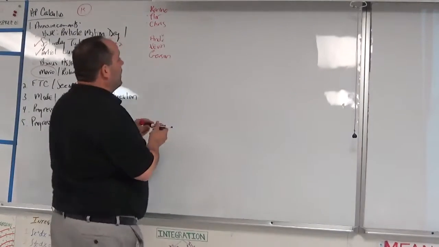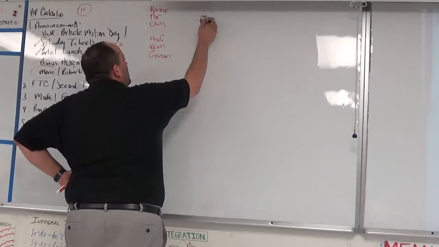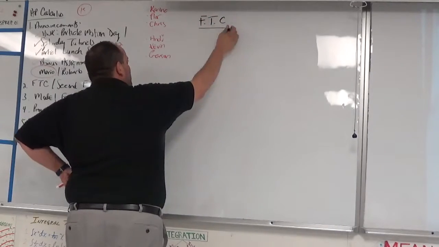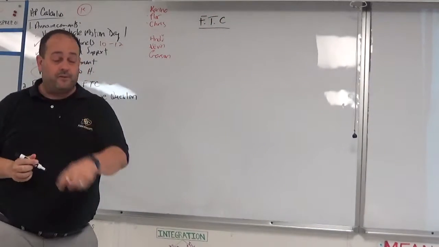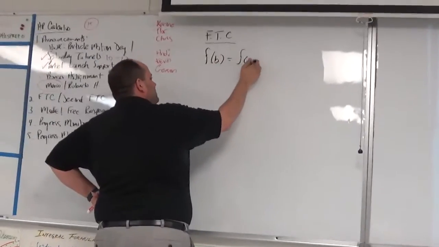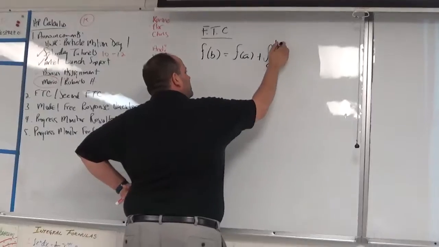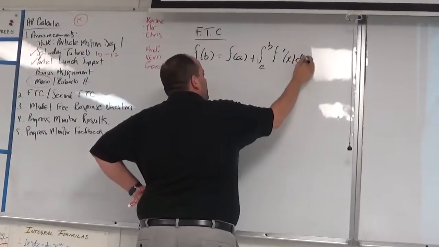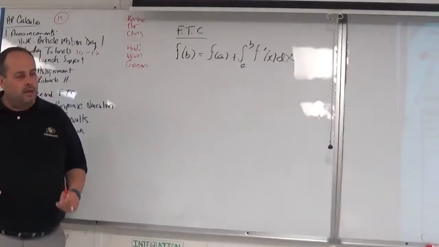All right, so I just want to make sure that you either have it in your notes or you're going to have it to reference. We've got the fundamental theorem of calculus, which says f of b equals f of a plus the integral from a to b of f prime of x dx.